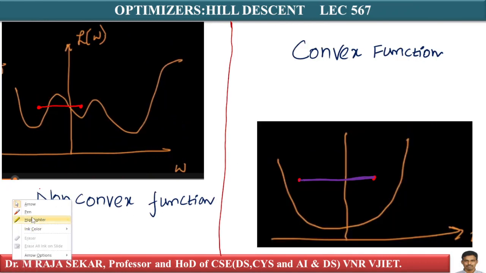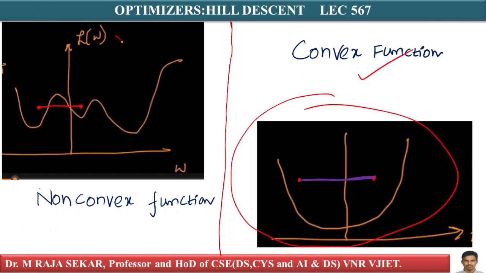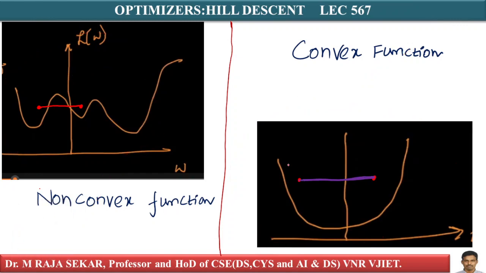You can compare convex and non-convex functions. This is an example for a convex function, this is an example for a non-convex function. Simple. If you take any two arbitrary points in this region and join them, the resulting line lies entirely inside this region. Here if I take two arbitrary points and join them, some portion is outside of this region.